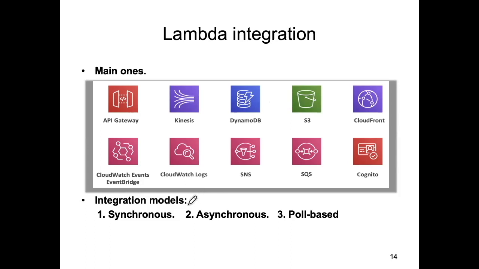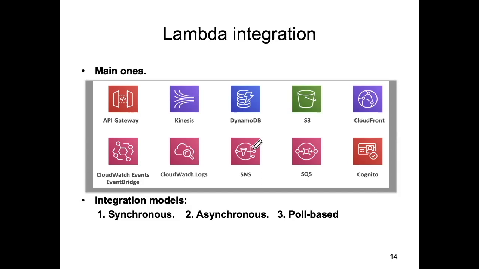The way it's modeled from an implementation point of view is you can have synchronous invocation of your Lambda function, an asynchronous invocation, or what's called a poll-based invocation of your Lambda function. So there's three different models, and the various services that I'm mentioning up here are restricted to using one of the models, and this is all prescribed by AWS.